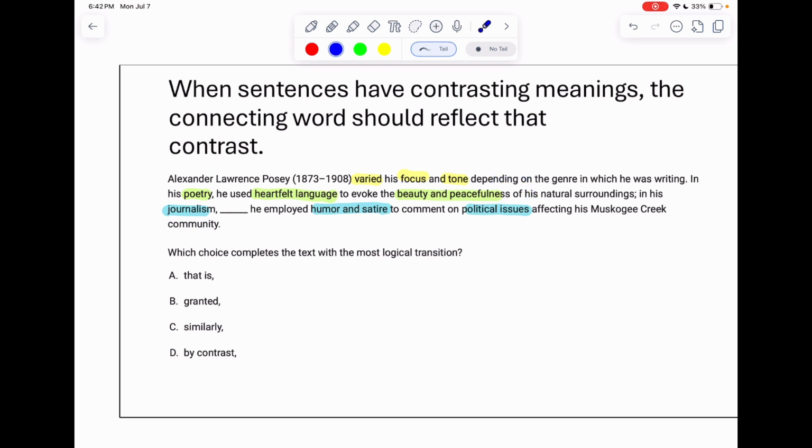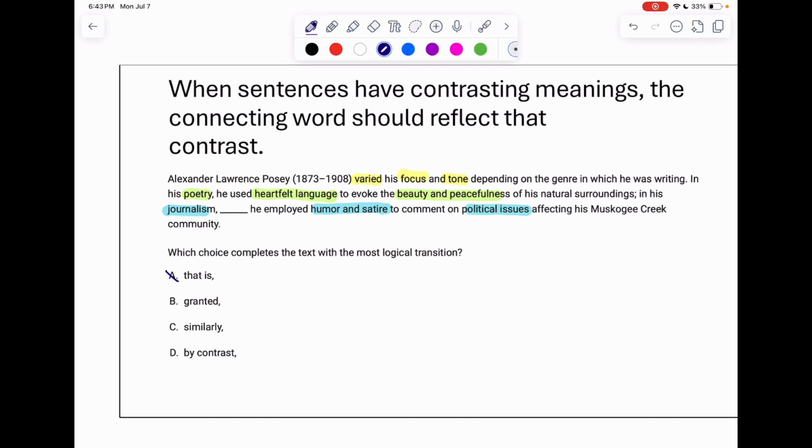So we're going to want a contrasting transition to say first we were doing heartfelt, beautiful, peaceful, whatever. But then for journalism, he did humor and satire. So "that is," when we see that, means I'm going to just rephrase what I just said. I'm not rephrasing, I'm saying something different.